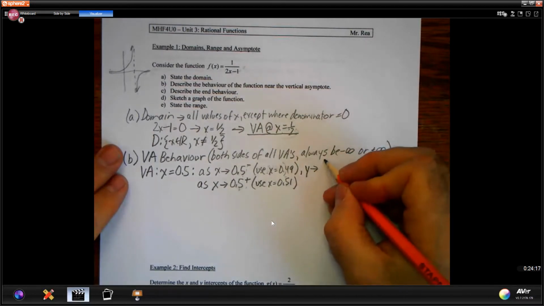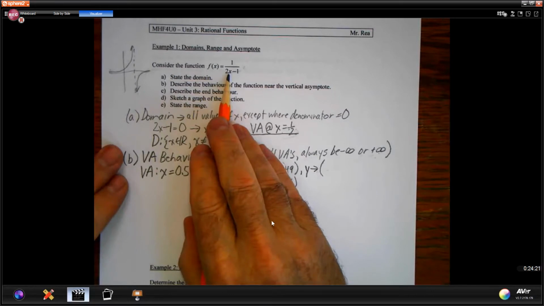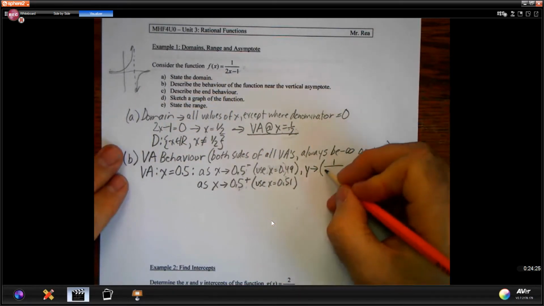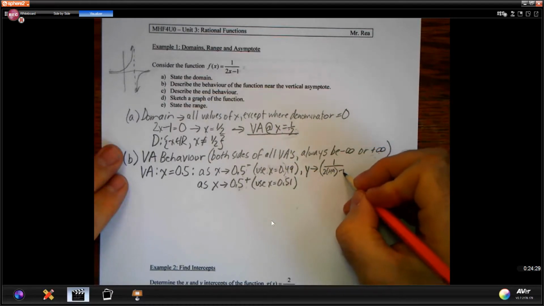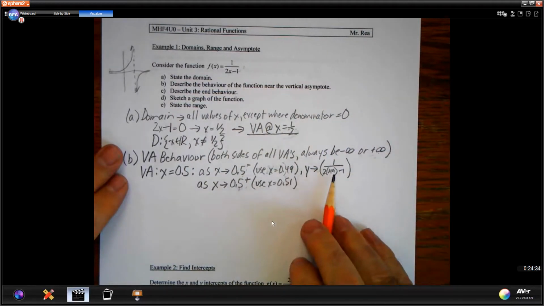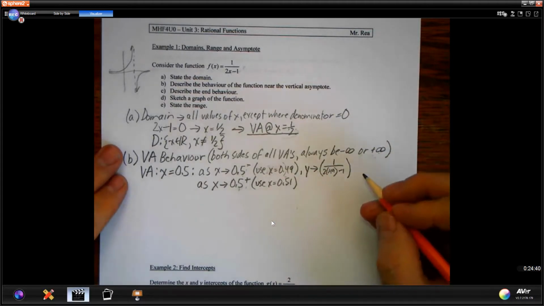So if I plug 0.49 in for x, I'm going to have 1 over 2 times 0.49 minus 1. Now, it's not so much the value of this that we're looking for, it's the sign, because we know it's either going to be positive or negative infinity, but let's just see why that's true.